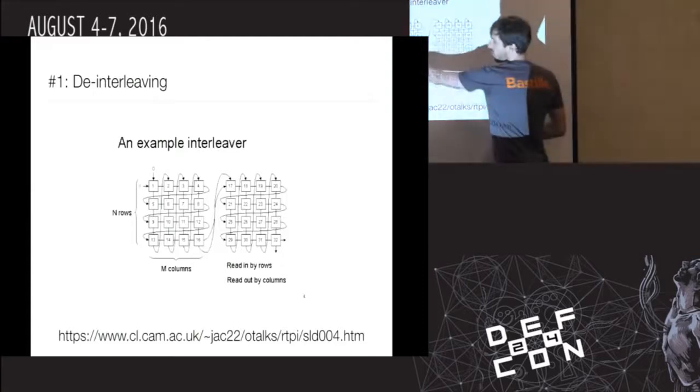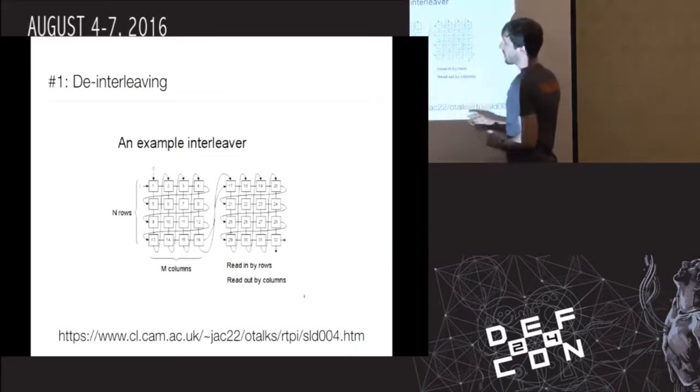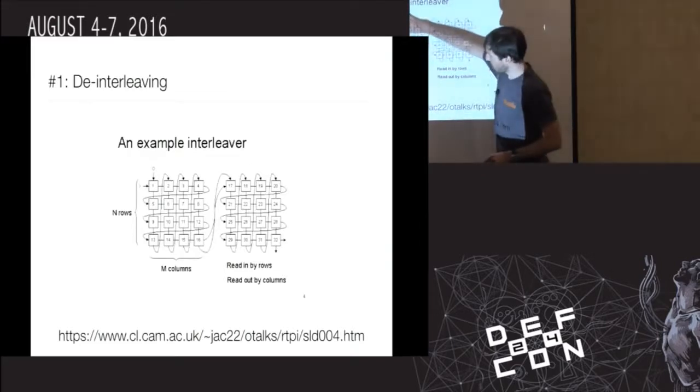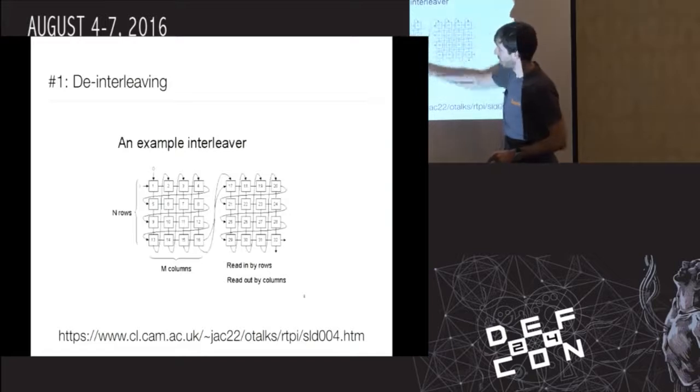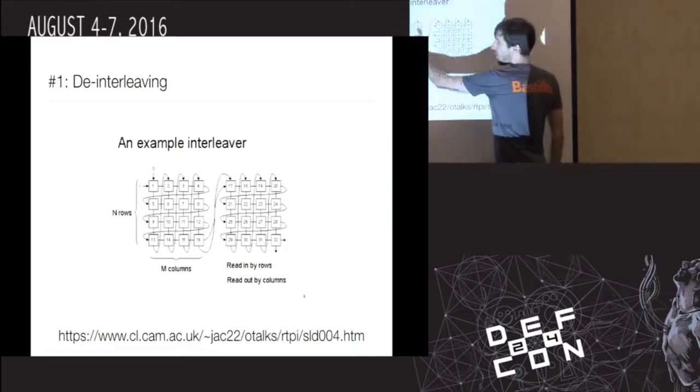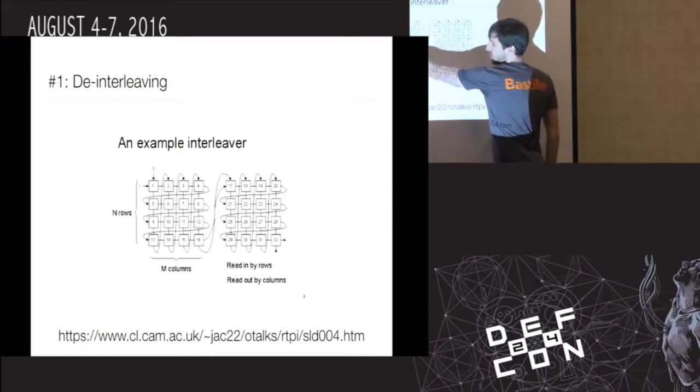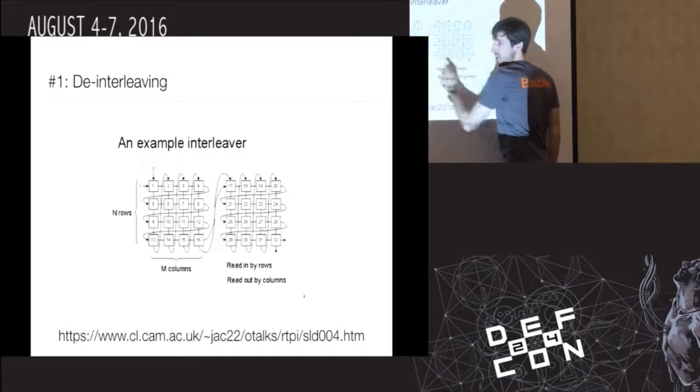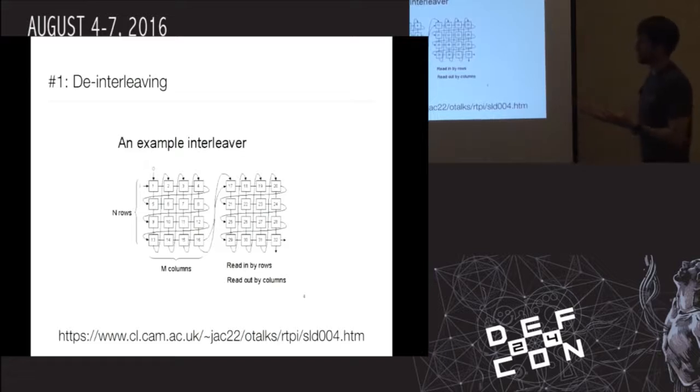However, if you distribute these bits temporally, so they're not in sequence anymore, then if we end up affecting these 3 bits 1, 5, 9, we can still rely on the error correcting data that might be in this smaller group around 1 to fix 1, and then also fix 5, and then also fix 9. So it's just a really effective way of doing it.